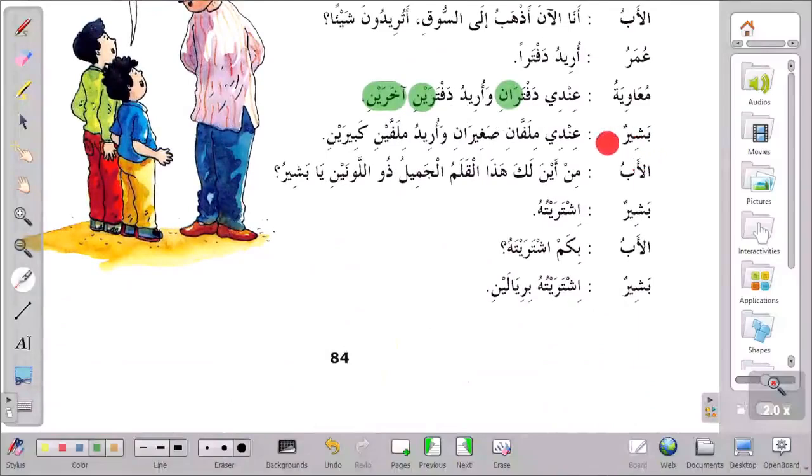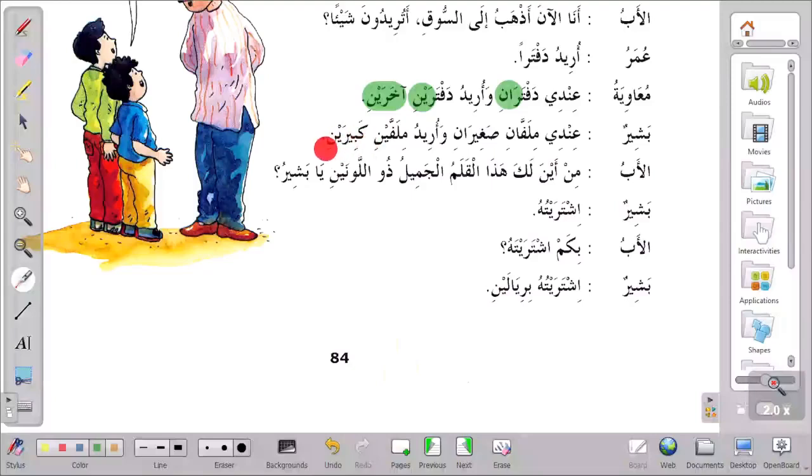Now here Bashir says, "Indi milafani sagirani, I have 2 small files." Milafun is a file. "Wa uridu milafaini kabiraini, and I want 2 big files."